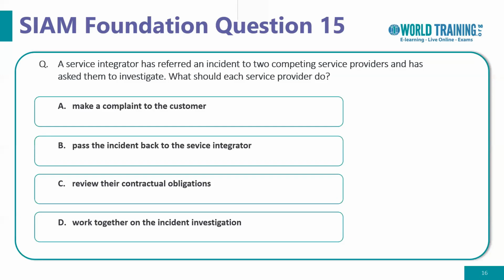They might make a complaint because that was not their incident, pass the incident back to the service integrator saying it is not my incident, or review the contractual obligation before even working on it. Here contracts are more important than the relationship, which is against the agile mindset.